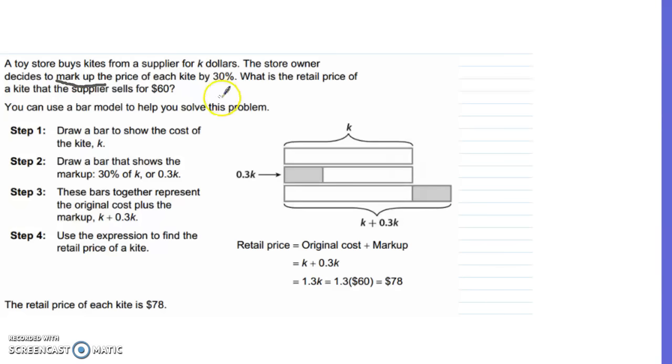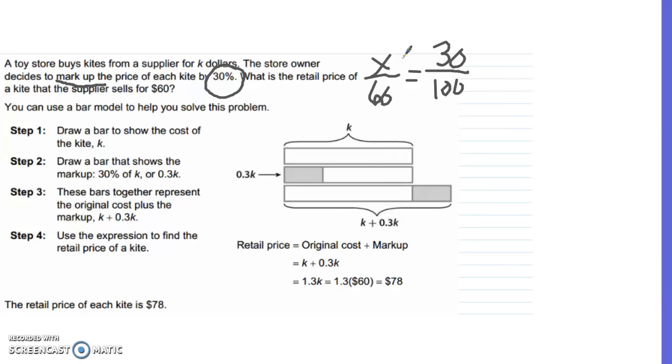So first thing I look at is the percentage. Every percentage is out of 100. So the first thing that I'm going to write is 30 over 100. I know that 60 is my whole, or 60 is the original. It's going to go on the bottom. So I'm going to find the markup.